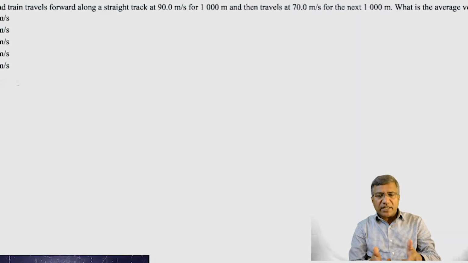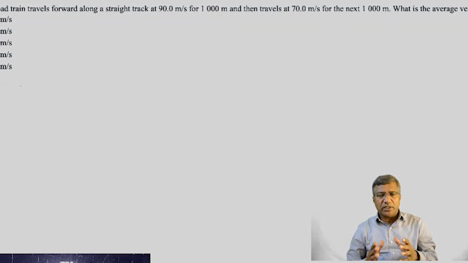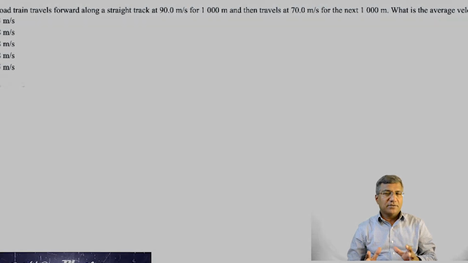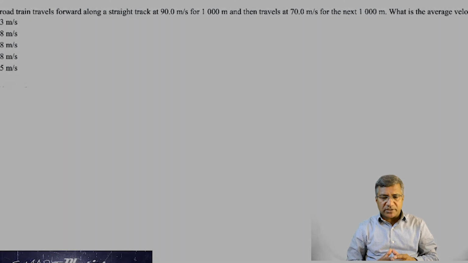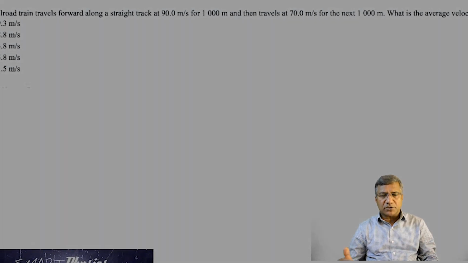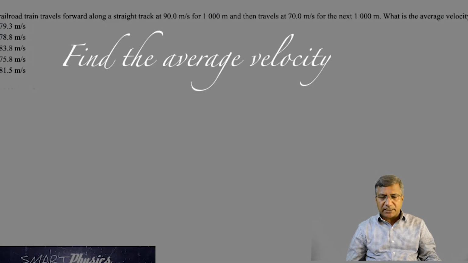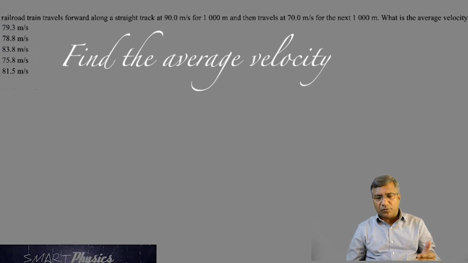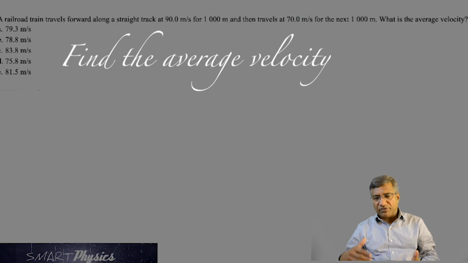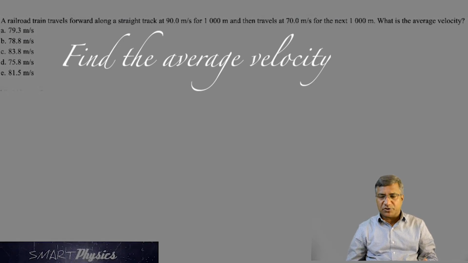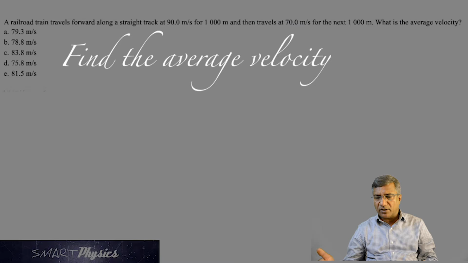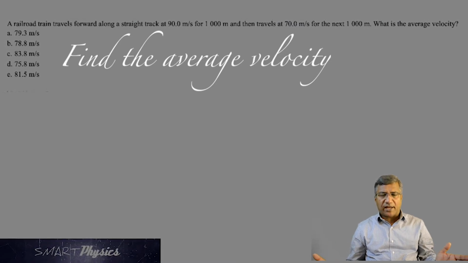Oh, so here is another question that is really kind of different. Because when you read the question, it says, a railroad train travels forward along a straight track at 90 meter per second for 1000 meter, and then travels at 70 meter per second for the next 1000 meter. What is the average velocity?